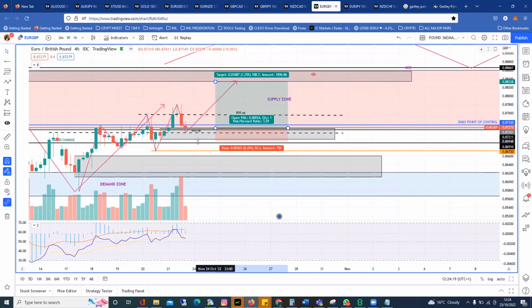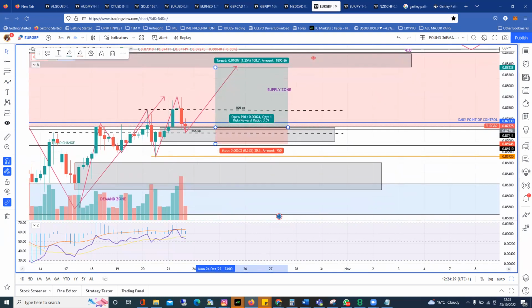So this is a risk reward ratio of 3.5 to 1, which is not such a bad risk reward ratio. Which means we are risking 30 pips to make 108 pips. It's a high probability trade.